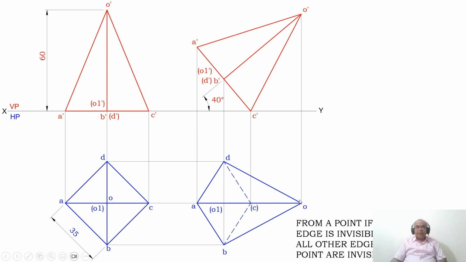What is the meaning of apparent length? The length of O1 will not be equal to 60, but it will be less than 60. Since O1 is parallel to VP, O dash O1 dash will become the true length here. Now, since one of the corners is resting on HP, I have kept C dash on the XY line.